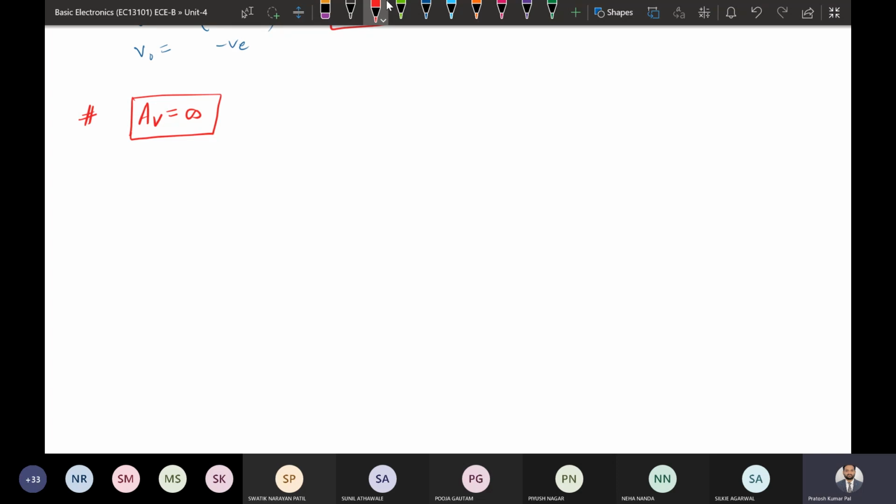First of all, its name is operational amplifier. So why is it named operational amplifier? Anyone? Why is it named operational amplifier? Yes, anyone?